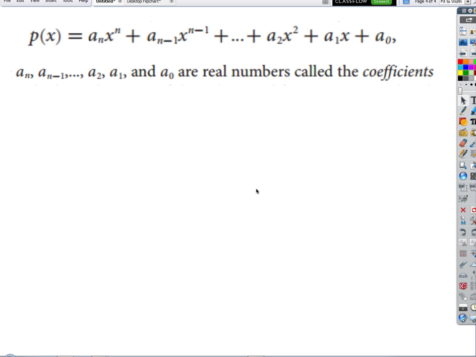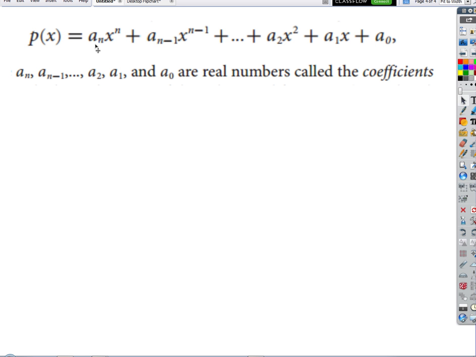A polynomial is just a sum of a bunch of terms. Of the functions we've looked at, except for that one where I divided by x, that was not a polynomial. But all the other ones we've looked at today have been polynomials. Poly means many, and nomials just means terms. So each term is represented by a coefficient and a power of x, right?